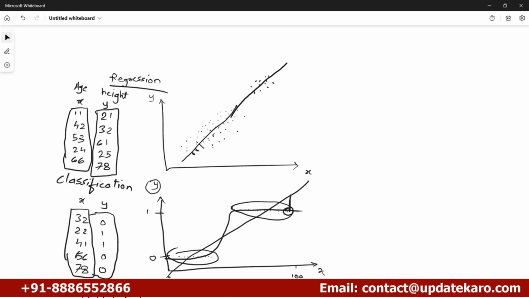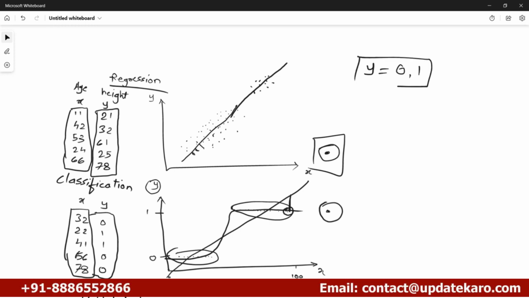But if you build the regression model for this particular data, you will get values from here, while the value of y is 1, which is not the correct value because the y values are just two values, 0 and 1. Only two classes are there for y, right? So that is the problem with the regression model here.